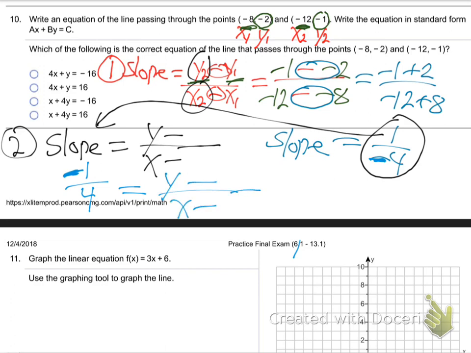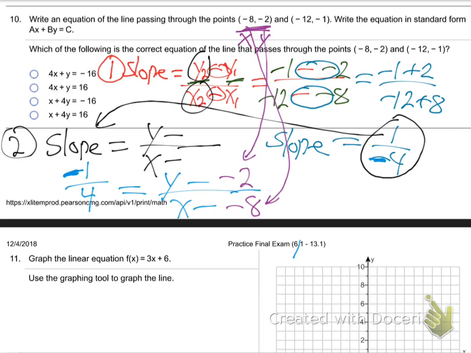Now what are we going to put in the back of the blanks? Well, you're going to pick one of the points. It doesn't matter which one. Come up here to the points. You could pick the first one or the second. I'll just grab the first one. This is the x value and the y value. So the minus 8 is the x and the minus 2 is the y. Like that.